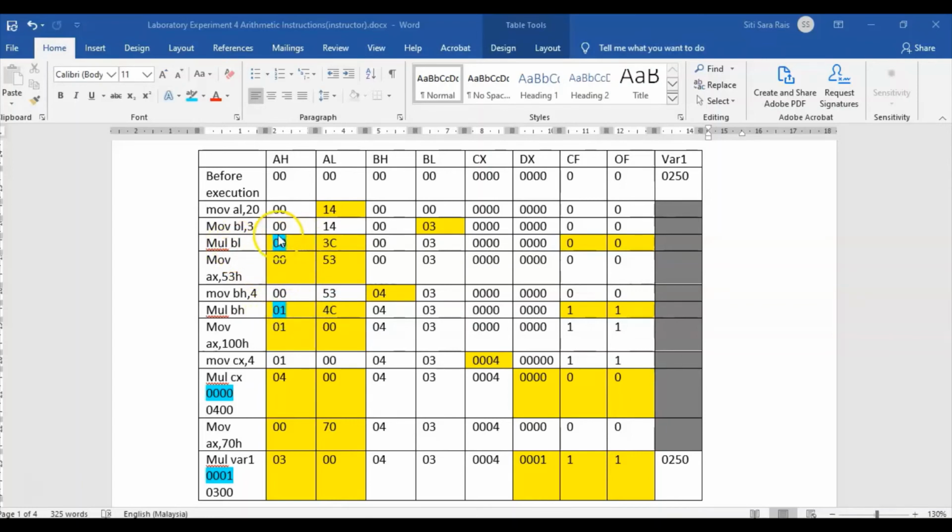Same with this one, just refer to AH only. So this AH equal to 0, then your CF and OF also 0. When AH has a value, your CF and OF must be equal to 1. While here, we have to refer to DX. Our DX is 0, so CF and OF also 0. However, for the last instruction, the DX value is 0001. It has a value, it is not 0, so CF and OF must be equal to 1.